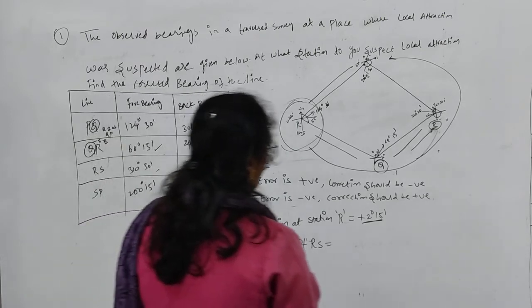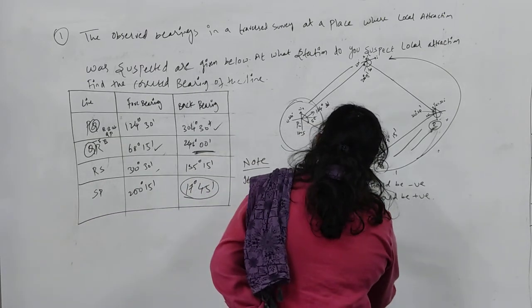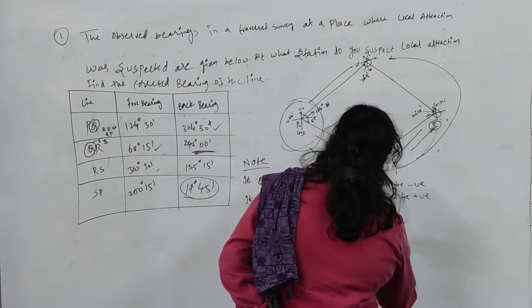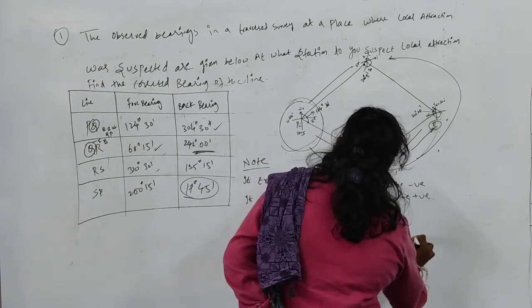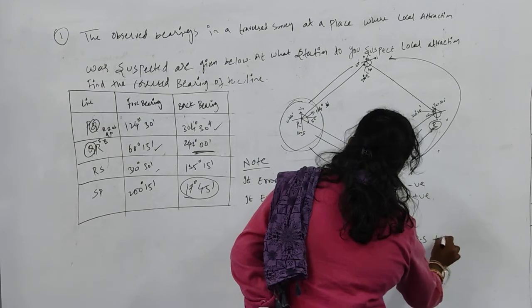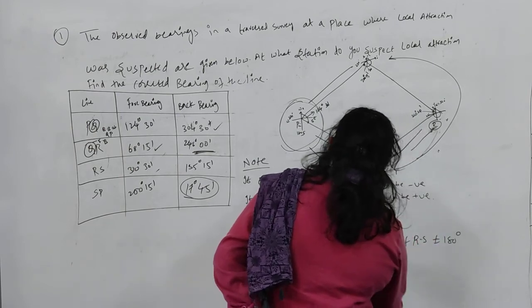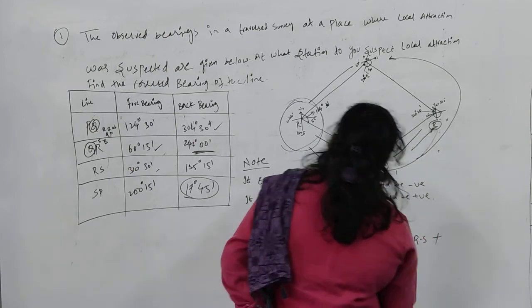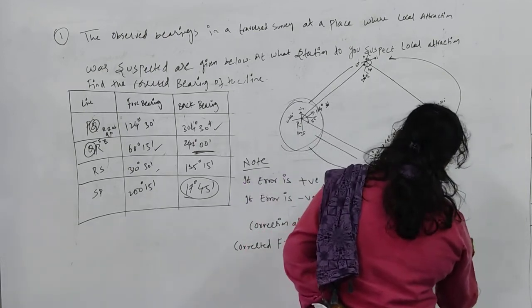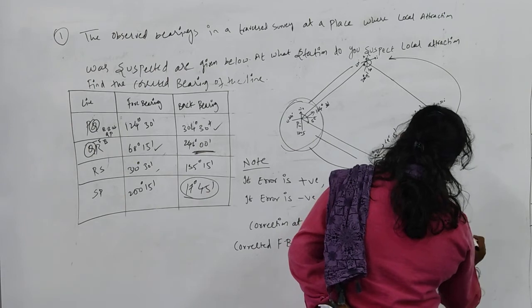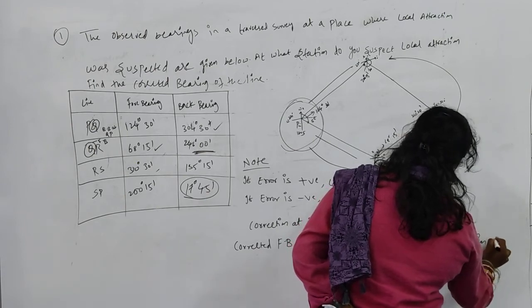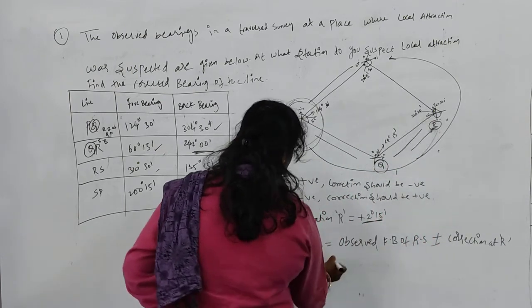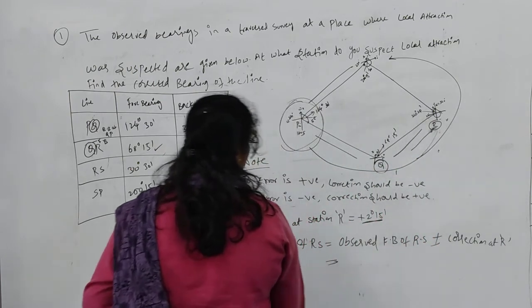Corrected forebearing of RS is observed forebearing of RS plus correction at station R. What is the observed forebearing here?